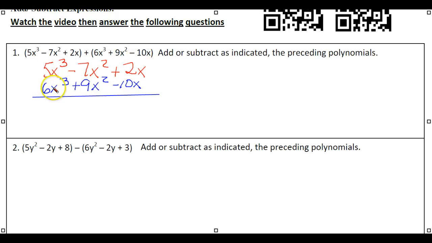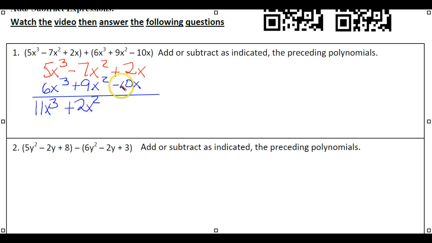So x to the 3rd is under x to the 3rd, and so on and so forth. So now it's just a matter of adding your numerical coefficients, and you get 11 x to the 3rd. Now when you're adding a negative 7 and a 9, you're actually subtracting. So this is a plus 2x squared.